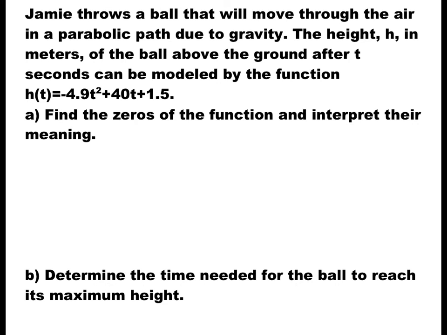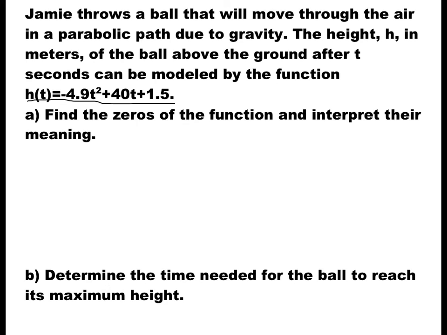In our last example, Jamie throws a ball that will move through the air in a parabolic path due to gravity. The height h is given by the formula h of t is negative 4.9t squared plus 40t plus 1.5. You're supposed to find the zeros or the x-intercepts and interpret their meaning.